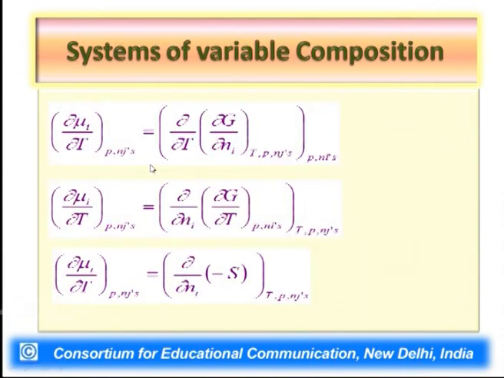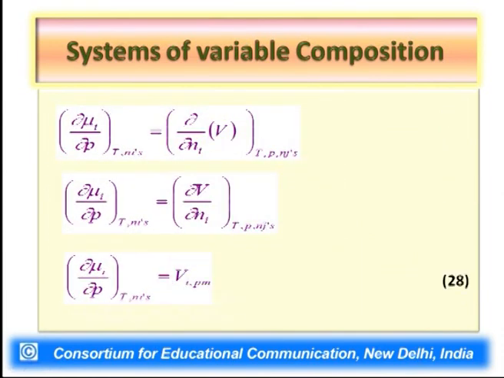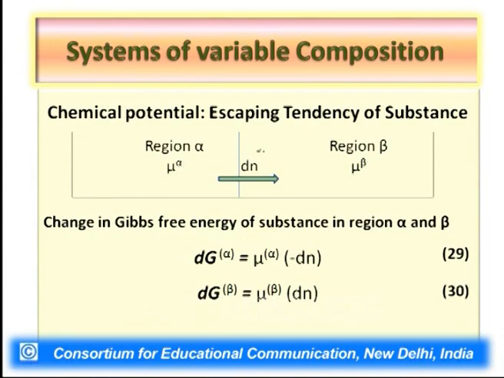That is what we have written under the condition of constant temperature, pressure and number of moles of all other chemical constituents being kept constant. So, dG equals mu_i dN_i, that is what we have written over here.